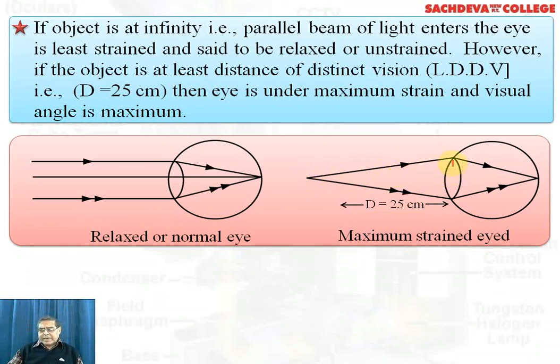And again, we are finding that the rays from a point will diverge. They will come to the convex lens, enter the convex lens, and converge to a point on the retina. That is called the maximum strained eye.